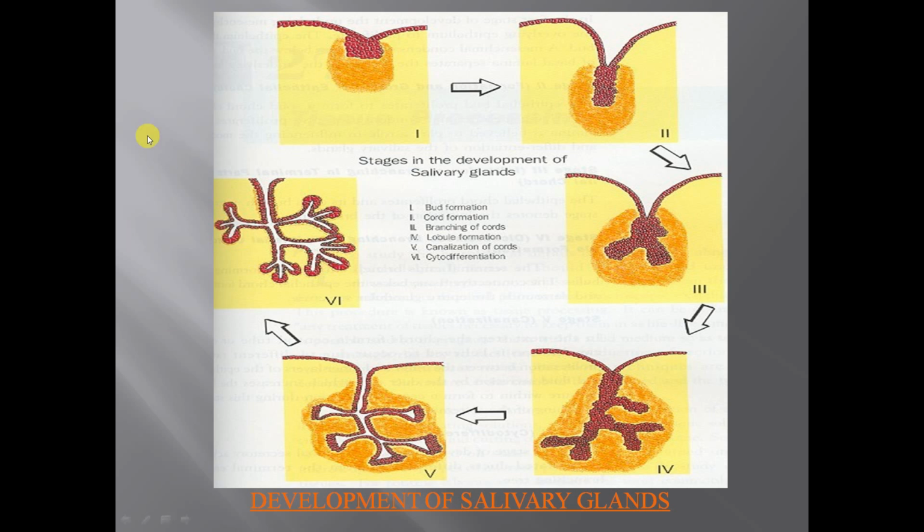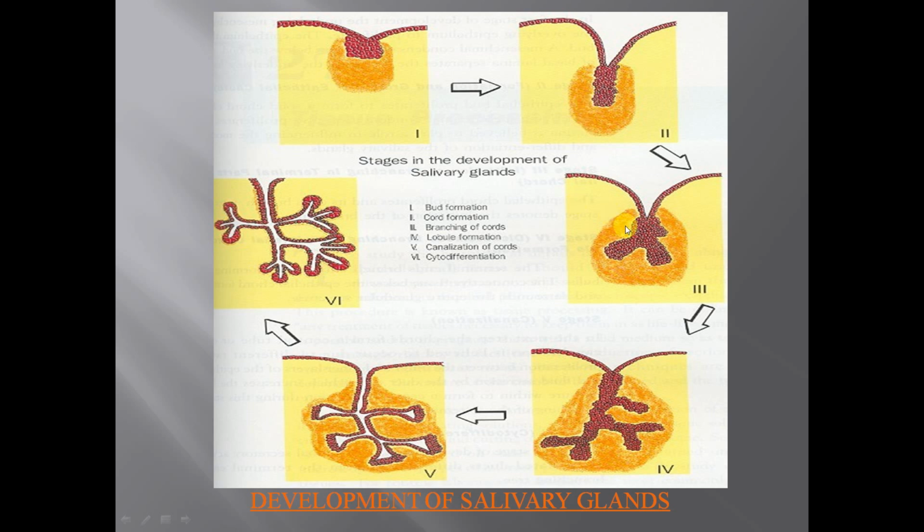At the first stage, what you can see is the proliferation of the epithelial bud. In this, the proliferation of the oral epithelium occurs into the mesenchyme in the form of a bud. And in the second stage, there is a proliferation of the bud into the long epithelial cord, and the mesenchyme around the developing glandular epithelium also proliferates.